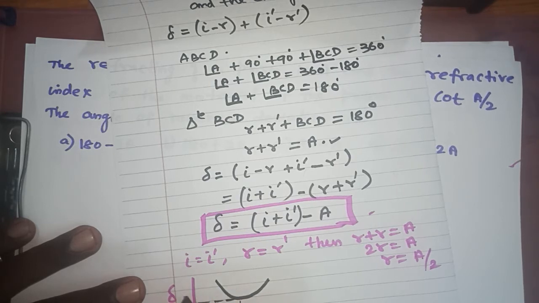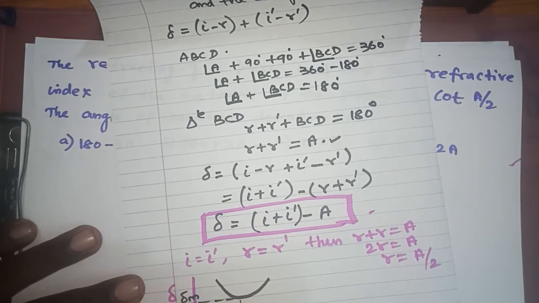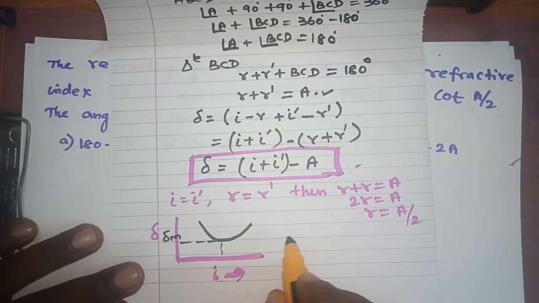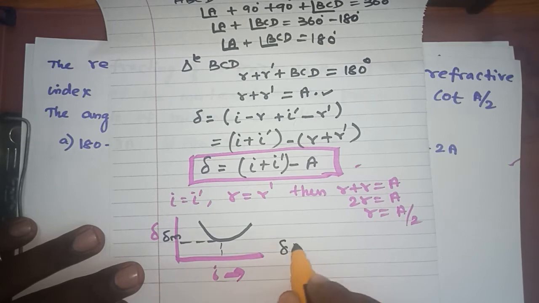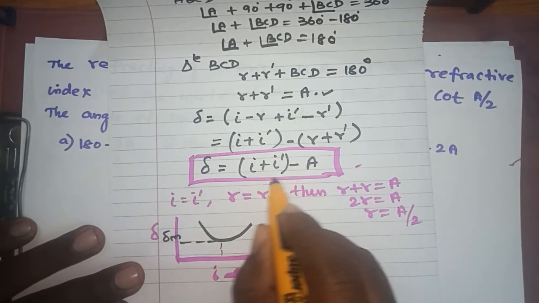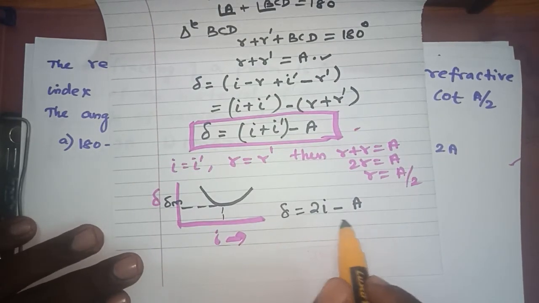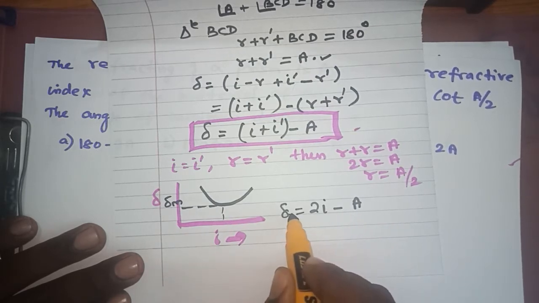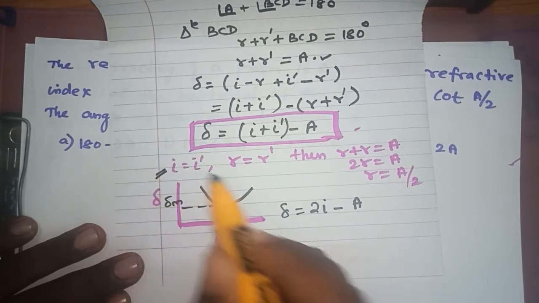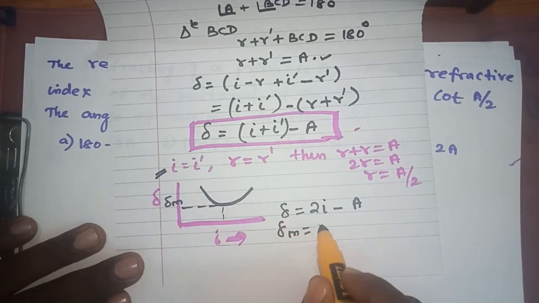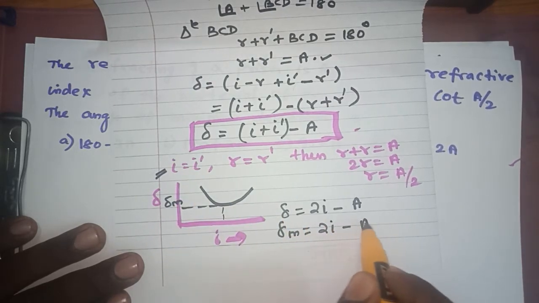The point where it decreases to its lowest is my minimum deviation. From the formula, delta equals I plus I prime, and instead of I prime I can write I, so delta equals 2I minus A, which is my minimum deviation for the condition I equal to I prime. So delta m equals 2I minus A.